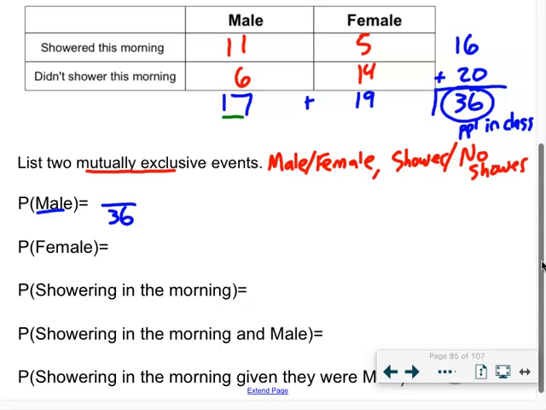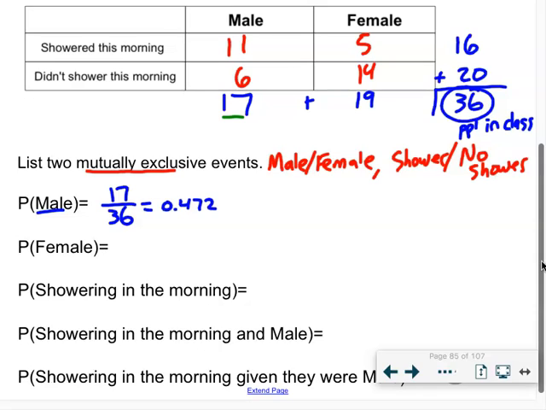Well, that was 17. The male column, if I add those down, that's 11 plus 6. So there are 17 males out of the 36 people in the class. That is a simplified fraction, so I don't need to get a decimal for it. It's going to be really close to 0.5. Looks like 0.472 if you wanted to put a decimal to it.